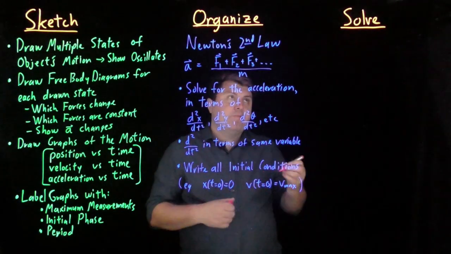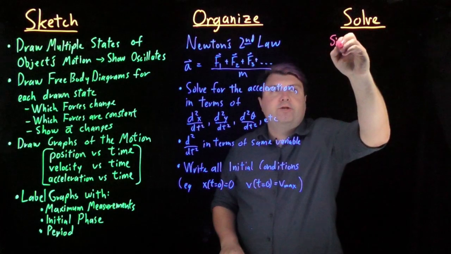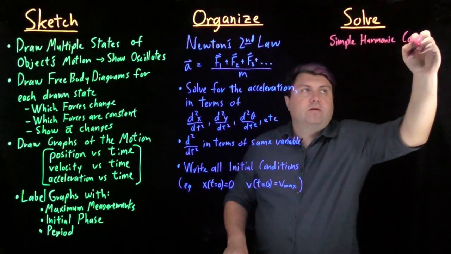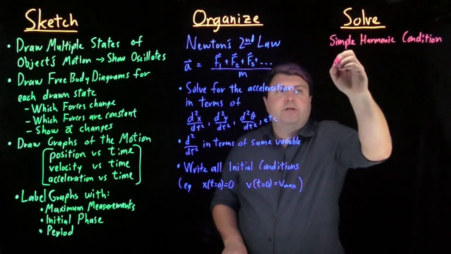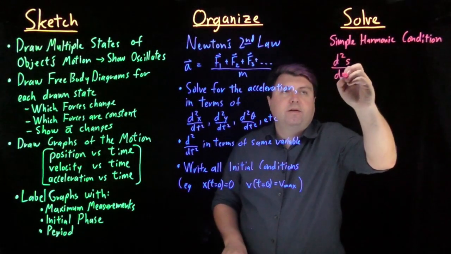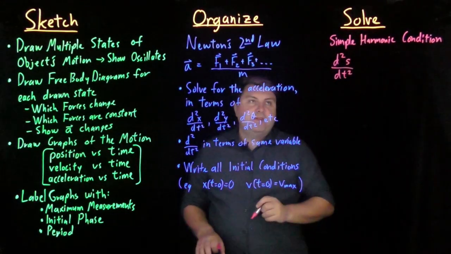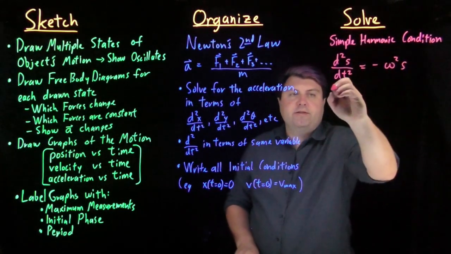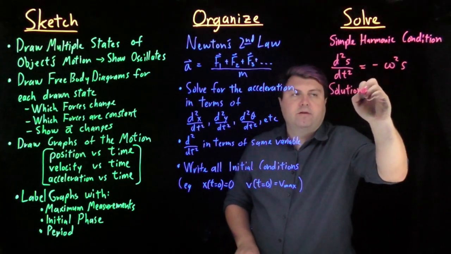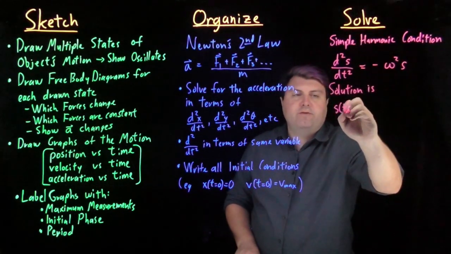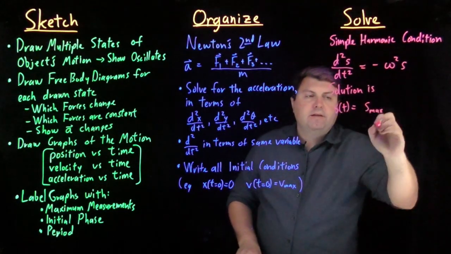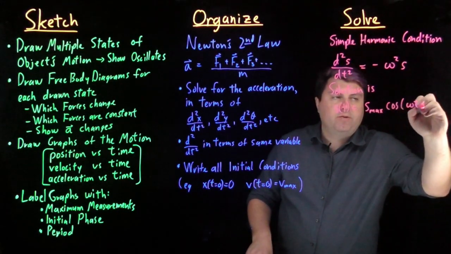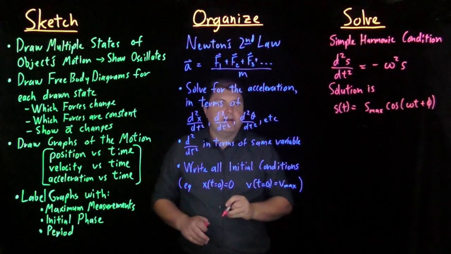So in our solve step, we have our simple harmonic equation which says if we can write a second derivative d squared s dt squared as equal to negative omega squared s, then our solution is s as a function of time is some maximum value of s times cosine of omega t plus a phase angle phi.